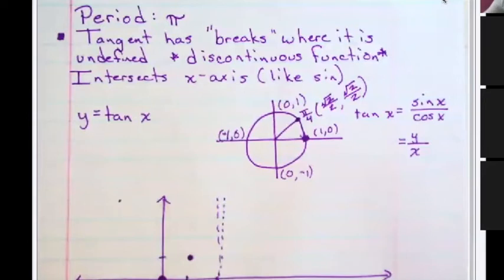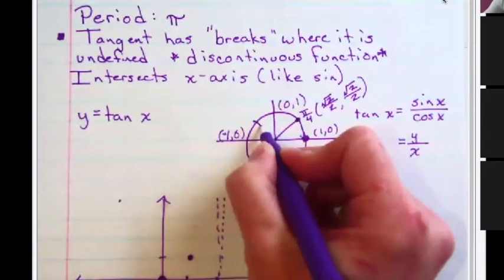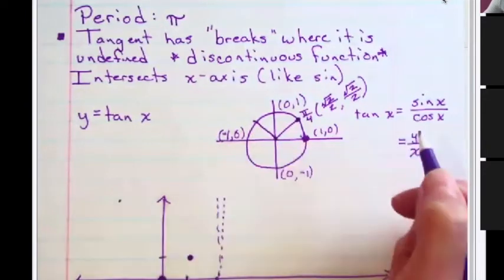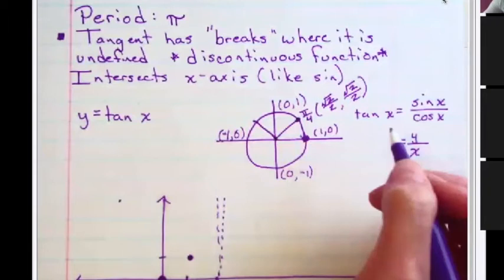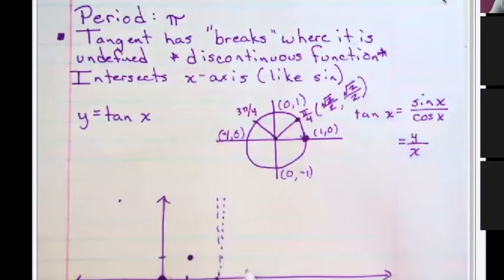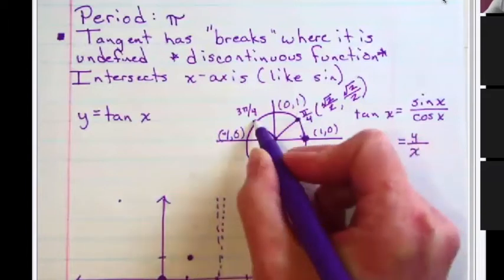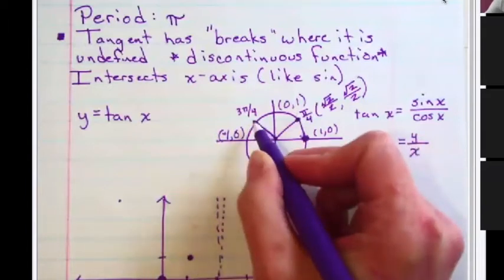Let's move on. What happens if we get to, let's try 3 pi over 4 right here. So we're just counting by quarters, or 45 degrees. So if we move on around here, this one's going to be negative root 2 over 2 and positive root 2 over 2. So that's negative 1.